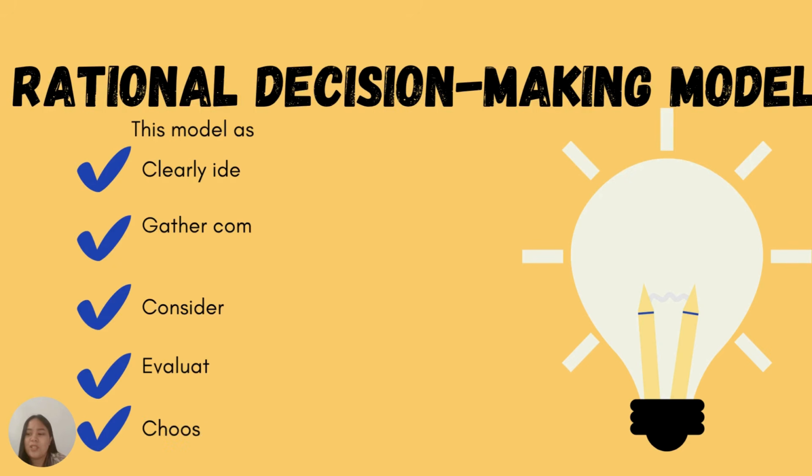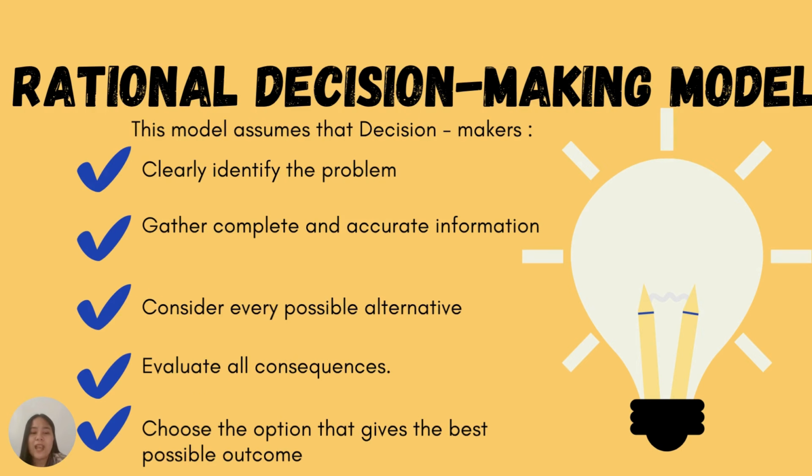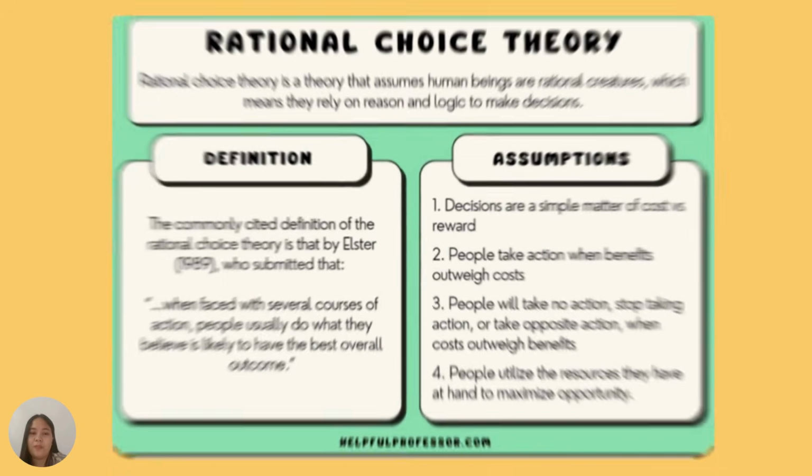When we say rational decision making model, this model assumes that decision makers clearly identify the problem, gather complete and accurate information, consider every possible alternative, evaluate all consequences, and choose the option that gives the best possible outcome.